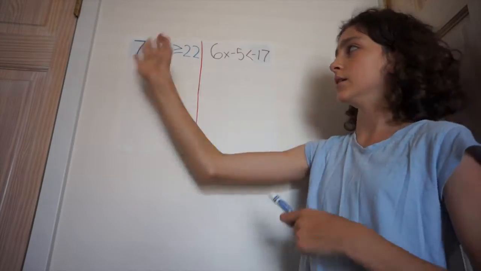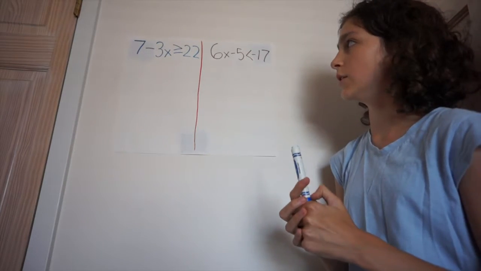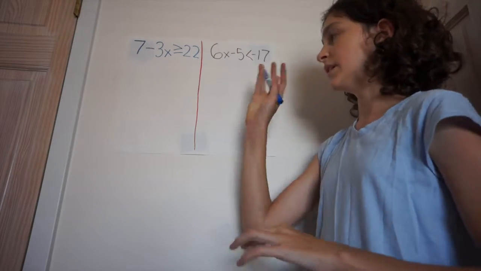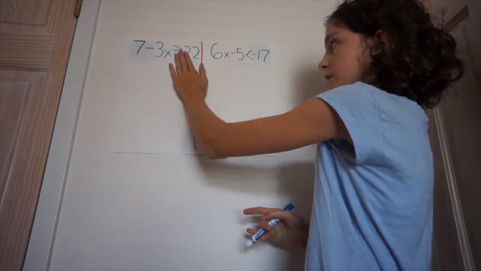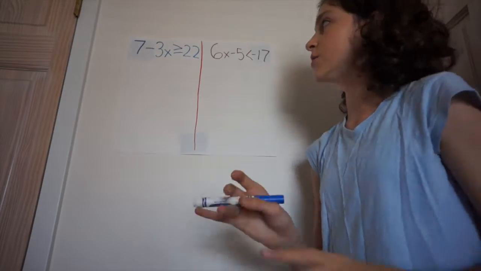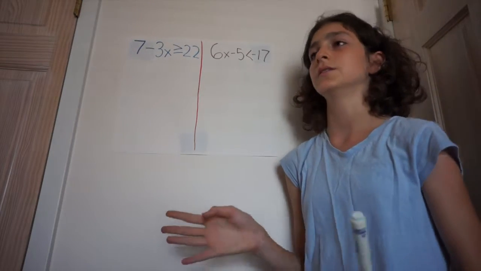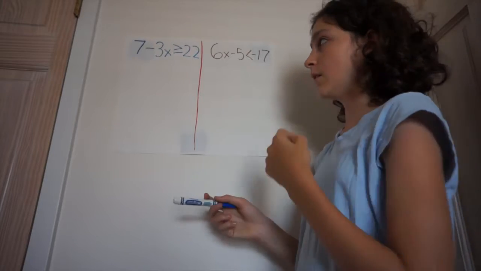The first one is 7 minus 3x is greater than or equal to 22. Because you're trying to get x alone, you want to get rid of 3 and 7 and make this answer whatever it's going to be. I'm going to start by getting rid of 7 because it's easier than getting rid of 3.